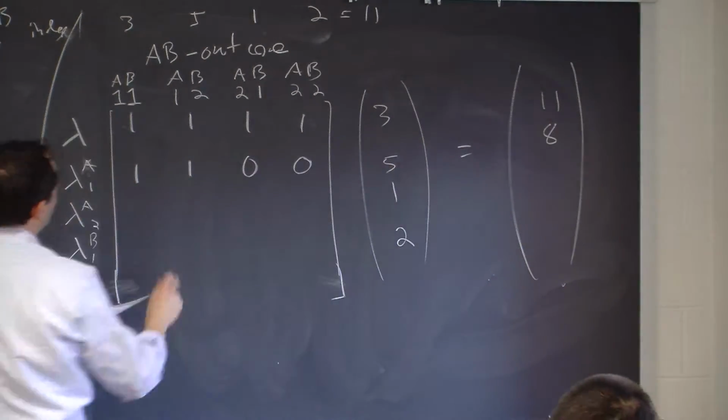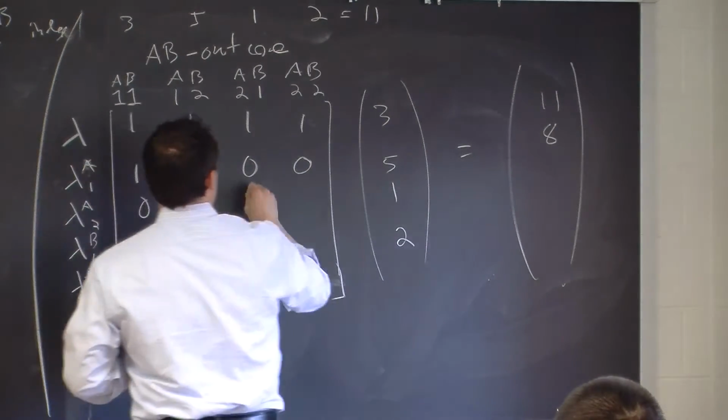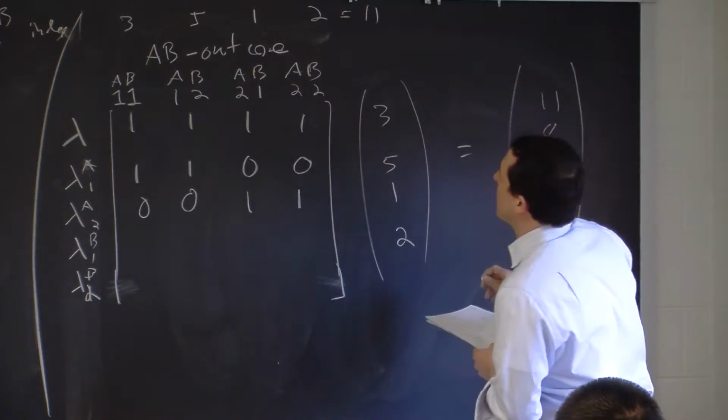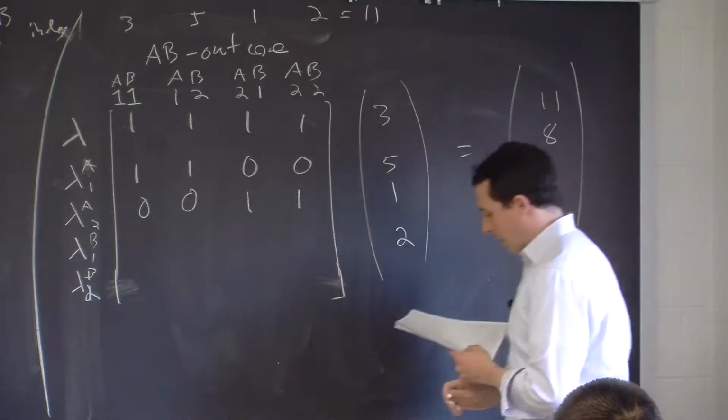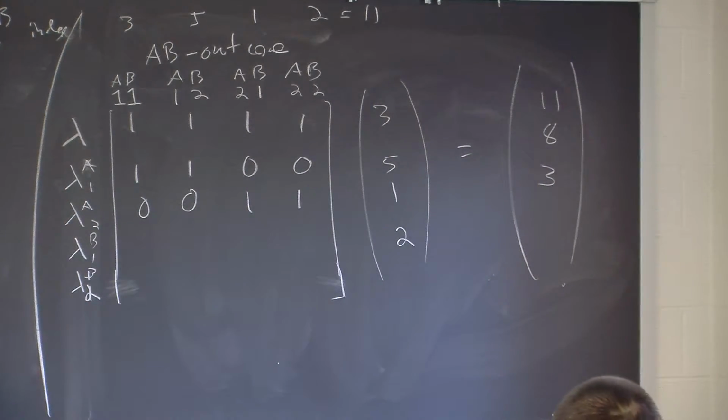Well, how about for this one? 0, 0, 0. That's the number of times a is equal to 2, and in this example, it's 3. And for this guy, the number of times that b is equal to 1. 1, 0, 1, 0.